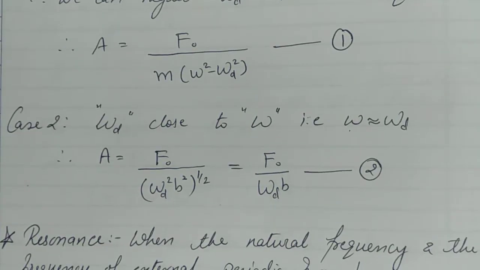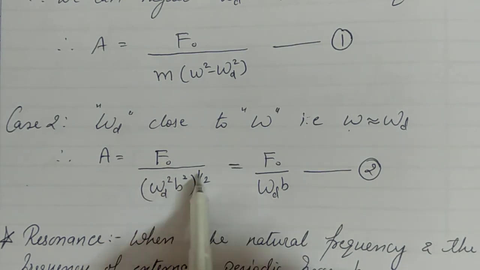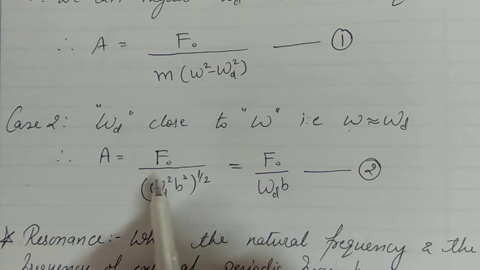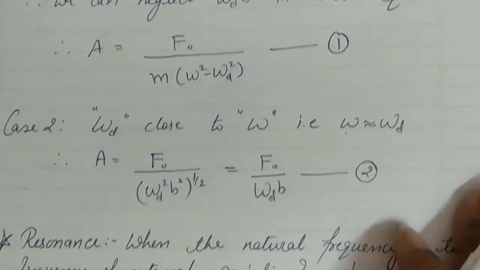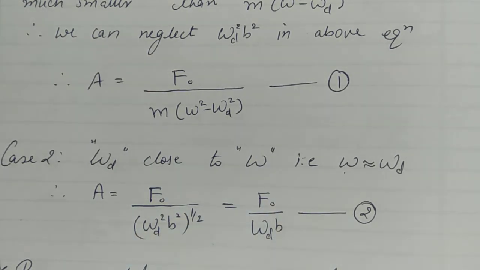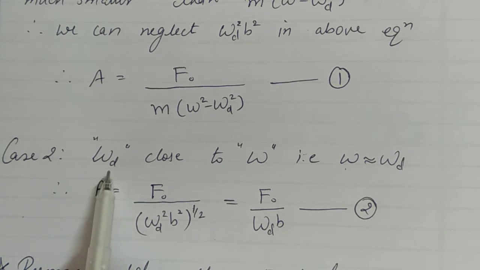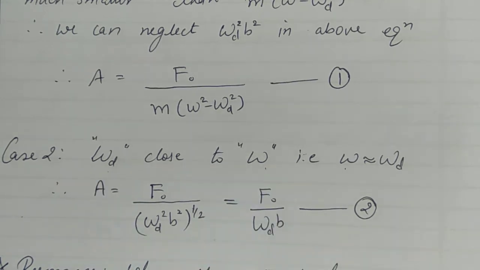So, हमारा amplitude इस तरीके से change हो जाता है. यहाँ पर square है और यहाँ under root है. So, if I open, I'll get omega d b, just like what I did here also. So, these are the two cases for the relation between the driving frequency and the natural frequency of the oscillator.